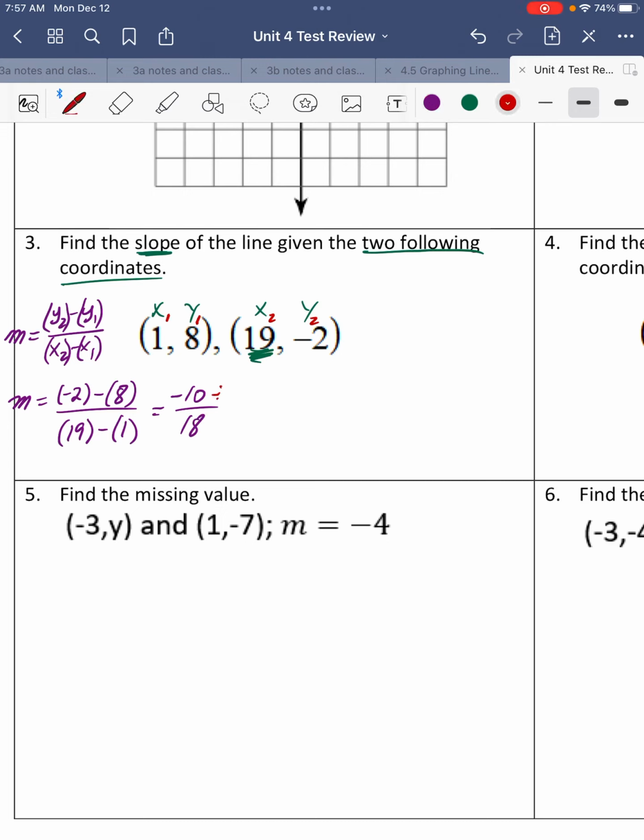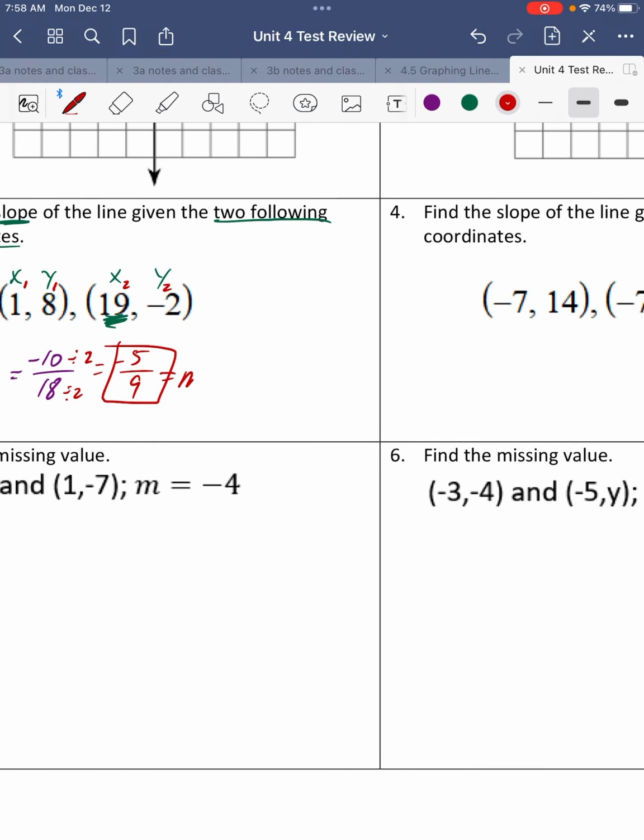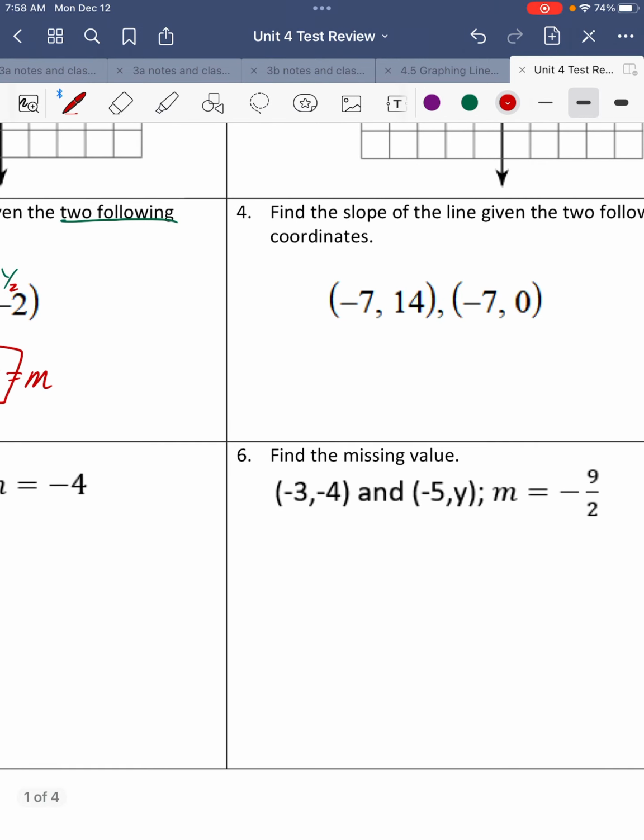We've got to simplify this fraction. Divide them by 2. That's -5 over 9, and I cannot simplify that further. There's my slope, -5/9. That is the slope, which is m in y equals mx plus b. That's the slope, and this is the coefficient in front of the x.